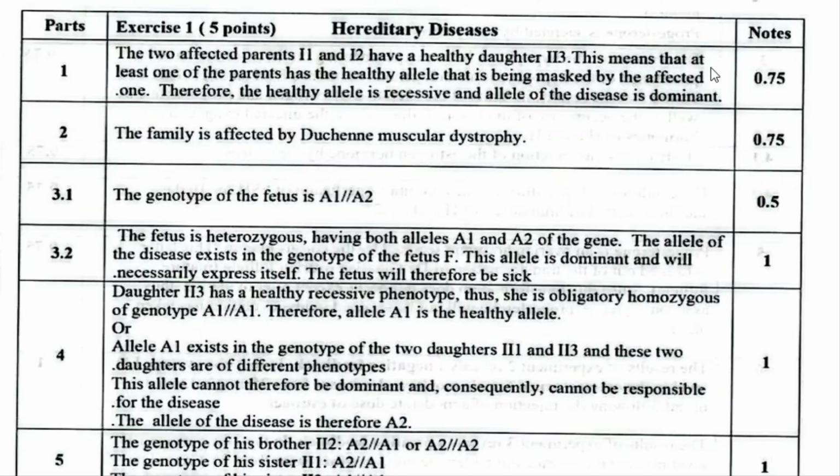This means that at least one of these parents has the healthy allele, short a, that is being masked by the affected one, here capital A. Therefore, this healthy allele is recessive and the allele of the disease is dominant. Okay, so the healthy allele is recessive, short a, and the allele of the disease is dominant, capital A.